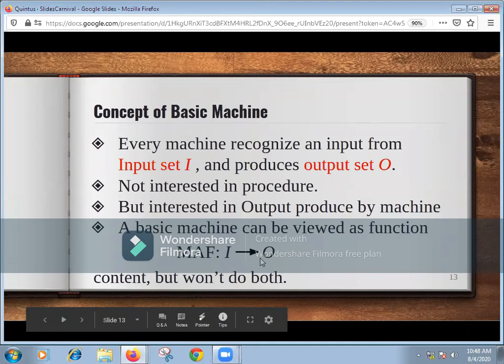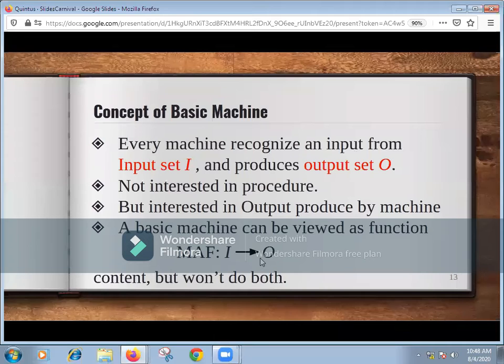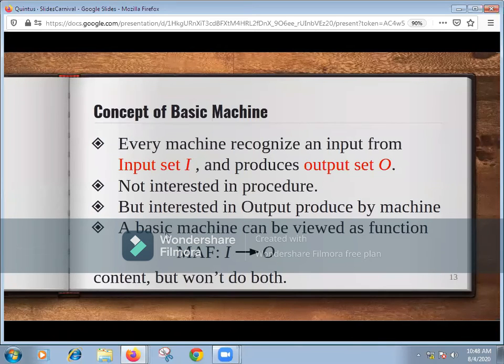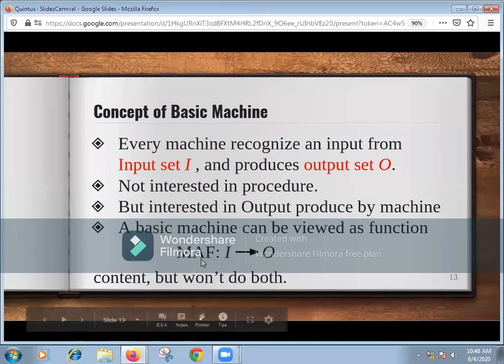We are not interested in the procedure of working in between. For any machine we just check for what input what output we get. A basic machine can be viewed as a function, MAF, machine function, which for an input produces an output.